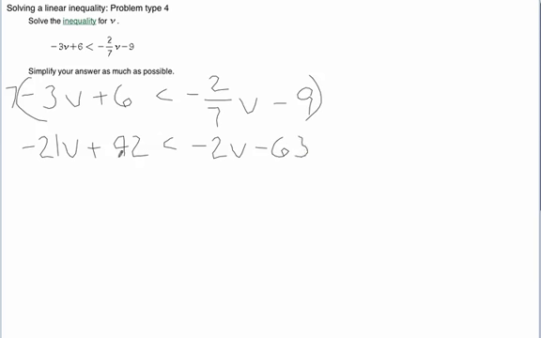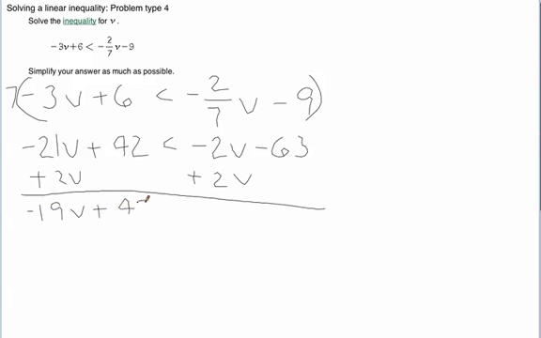Okay, now we get to gather up all of our variables and constants. I'm just going to choose to add a 2v to both sides. I could have added a 21v to either side, it doesn't matter. So here I get a negative 19v plus 42, still less than negative 63.